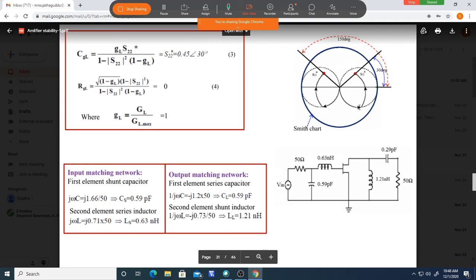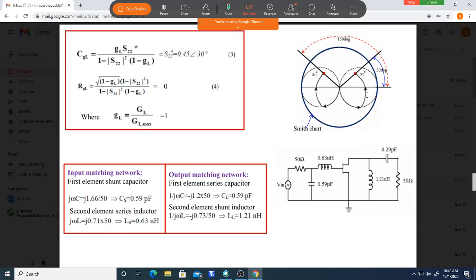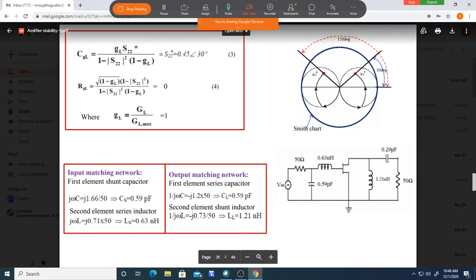Next from here we are moving on a constant conductance circle, in the anti-clockwise direction, up to this point. It adds an inductor, a shunt inductor.